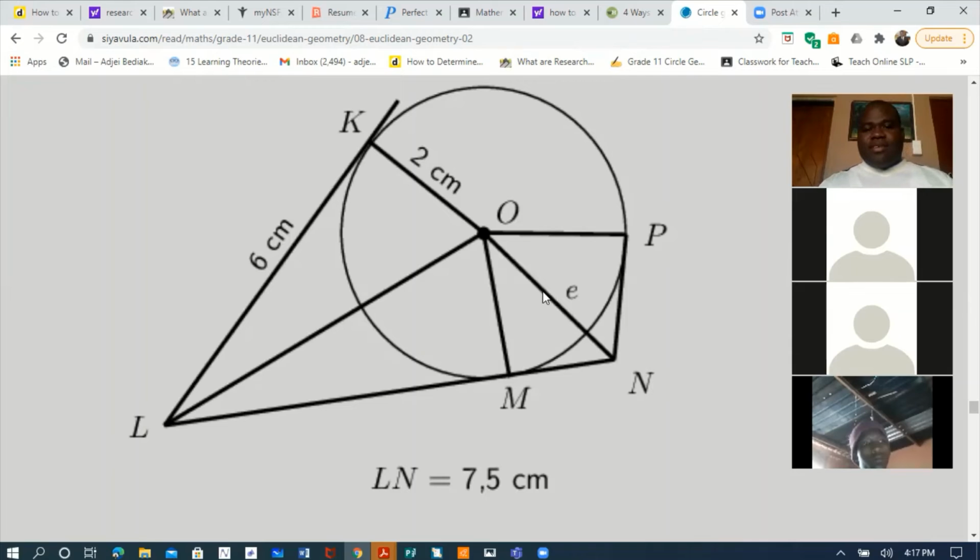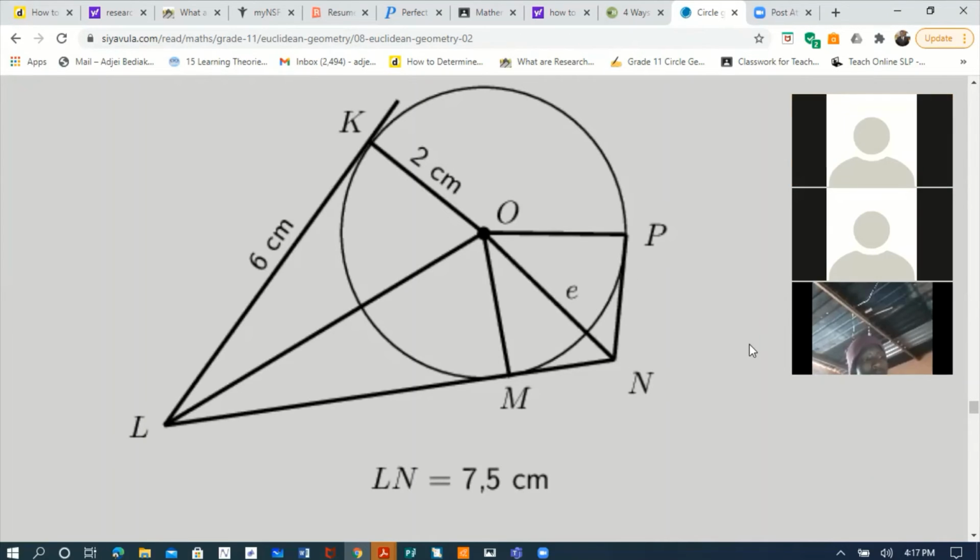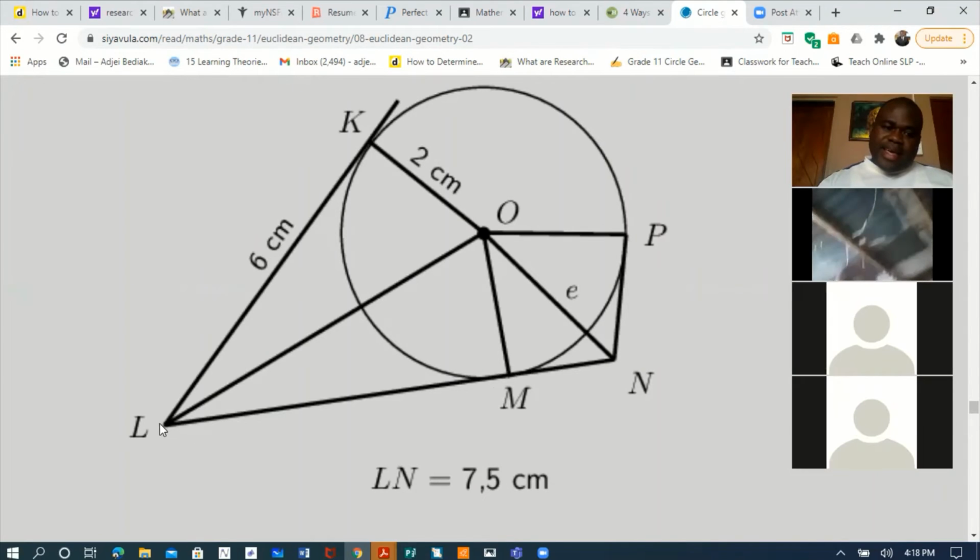So, guys, what I wanted to draw your attention to is that this is not a radius because it goes outside this circle. But let's look at this NP. What line is this? It's a tangent. LMN is what?